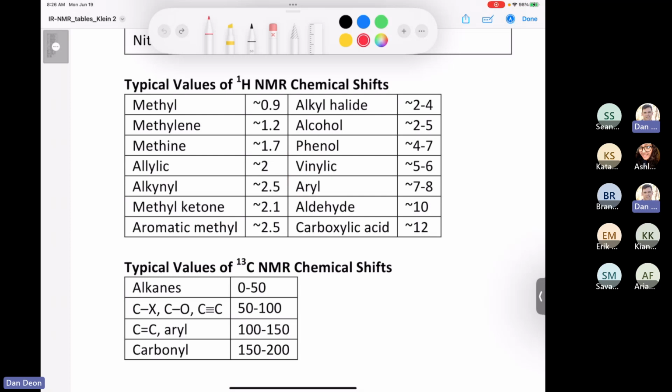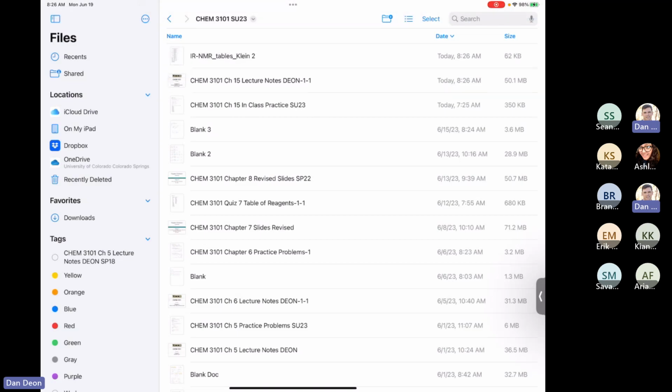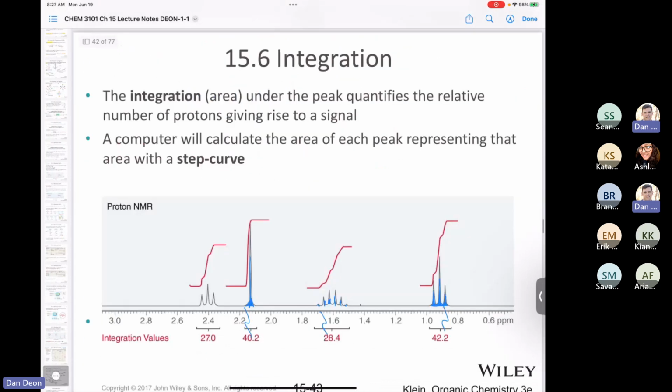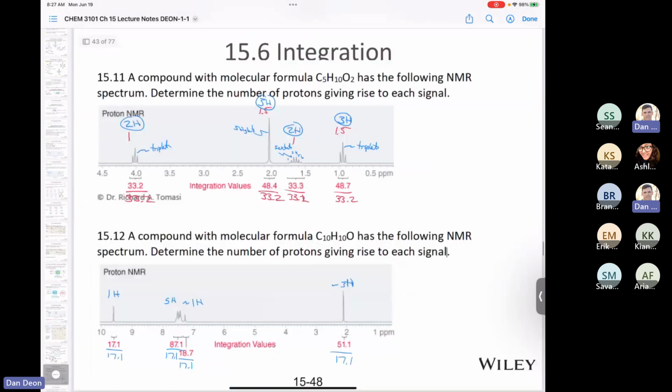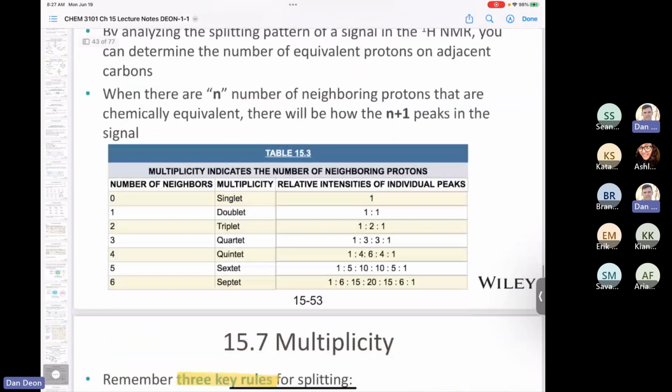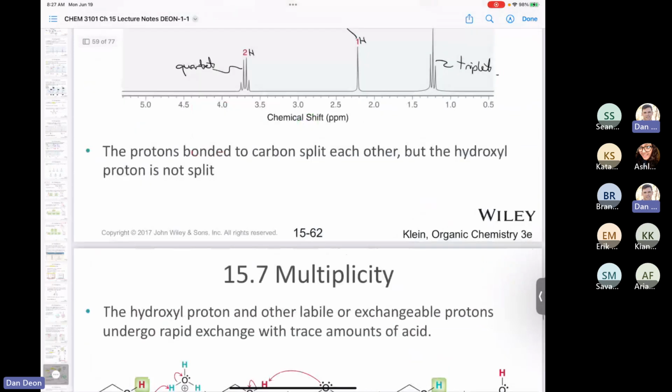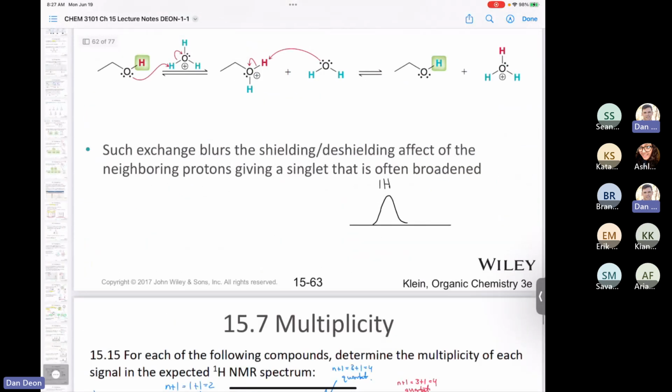Okay, so you've got to familiarize yourself with the table, and we're going to look at carbon-13 in just a little bit. All right, so that's a little bit more review. So you want to, again, familiarize yourself with this table, and that will enable you to predict chemical shifts. And so that's why when we looked at this problem down here, 15.17, where was it?